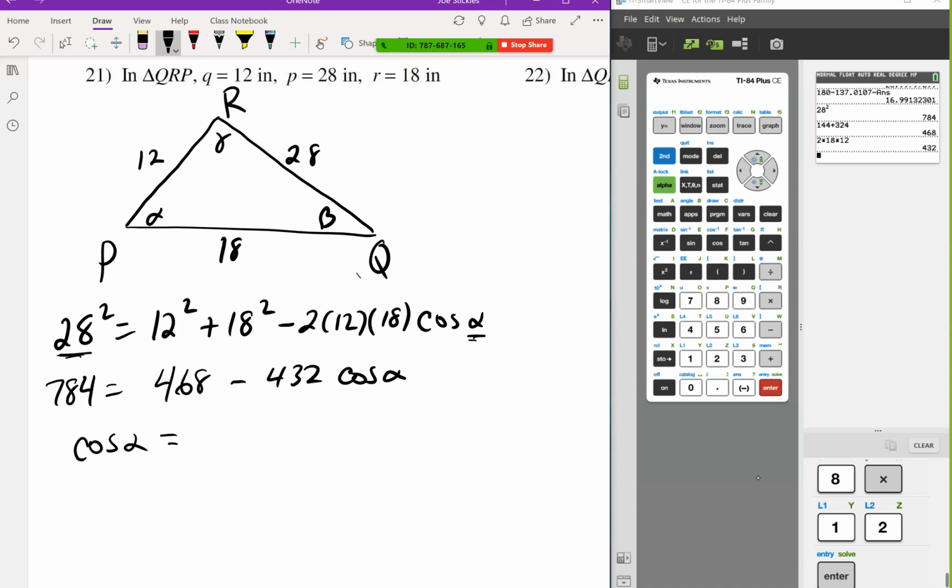We're going to isolate the alpha, so I'm going to solve for cosine alpha first. So we'll subtract the 468 over. When you do 784 minus the 468, you get 316 on top, and you're going to divide by negative 432.